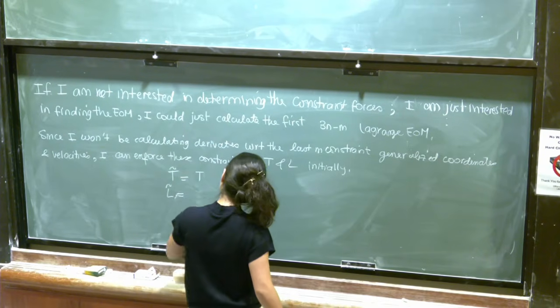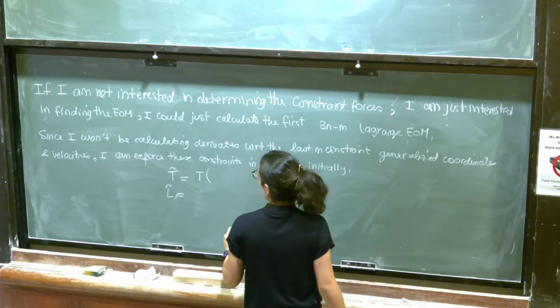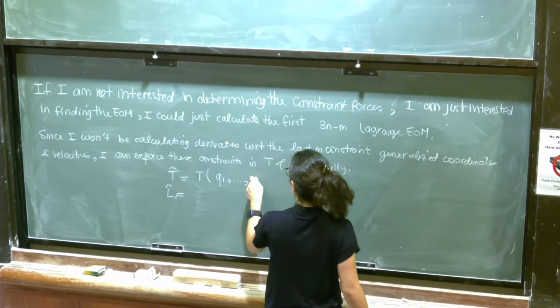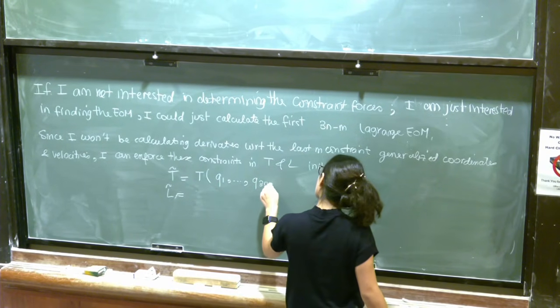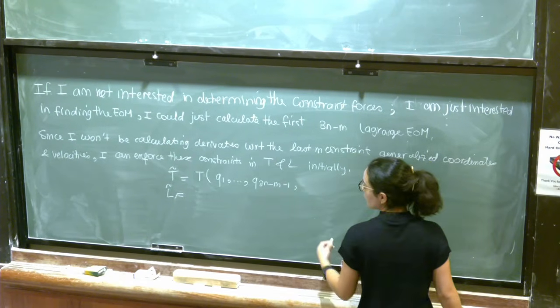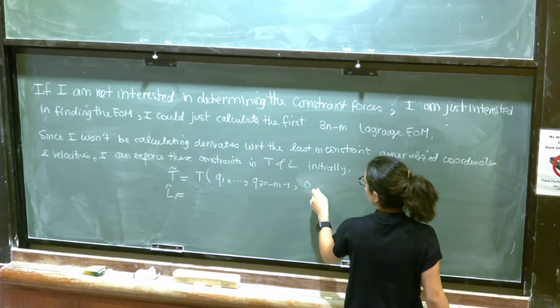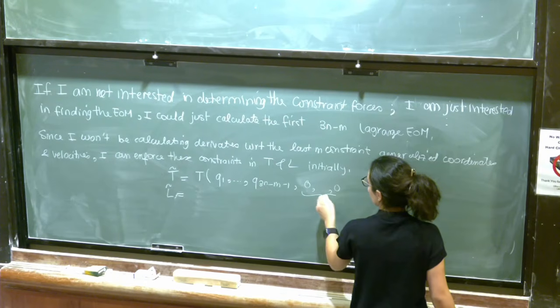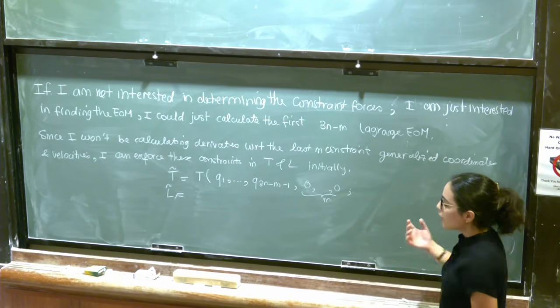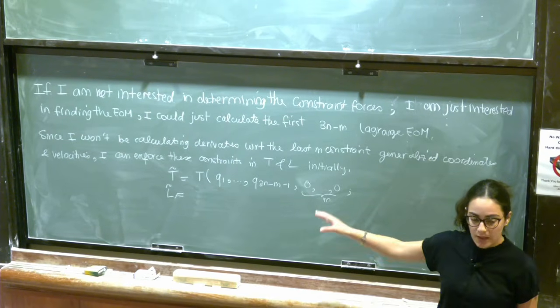So that's the kinetic energy with Q1 to Q3n minus m minus 1. And then the rest of generalized coordinates, I'm going to set them equal to 0. And the same for the generalized velocities. So what are T tilde and L tilde?